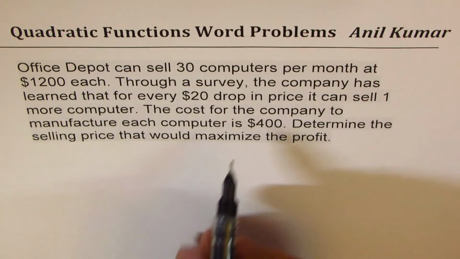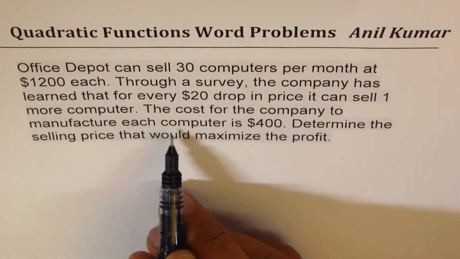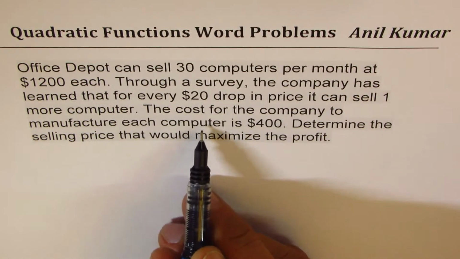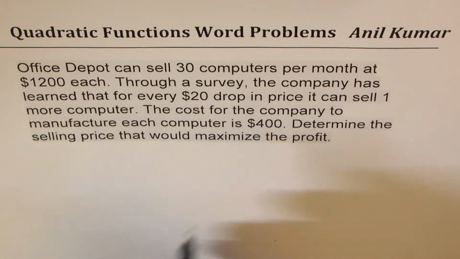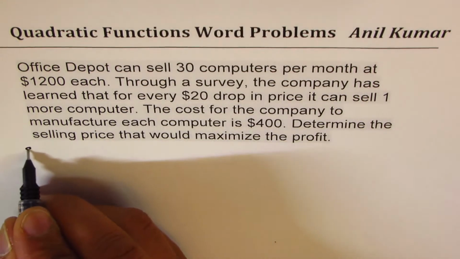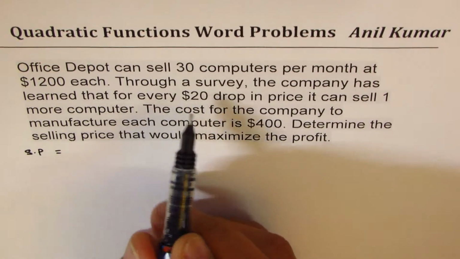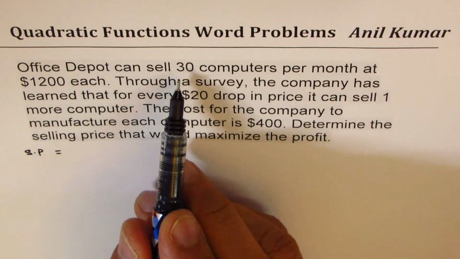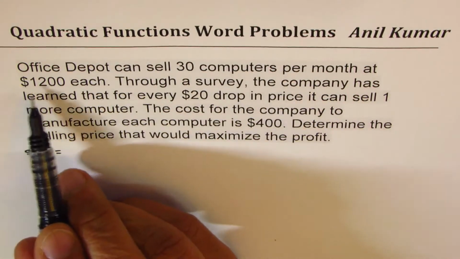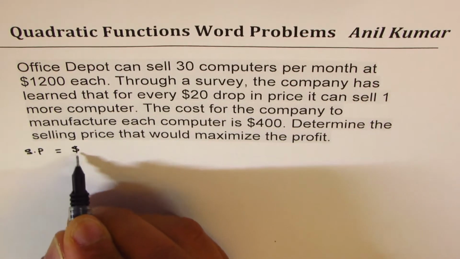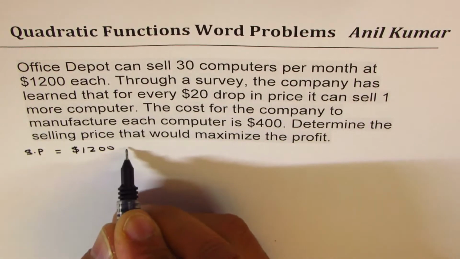Profit is revenue minus the cost, or selling price minus the cost. So let's write down what is the selling price for each computer. At present, they are saying that they are selling 30 computers per month at $1,200 each. So it is $1,200 each.